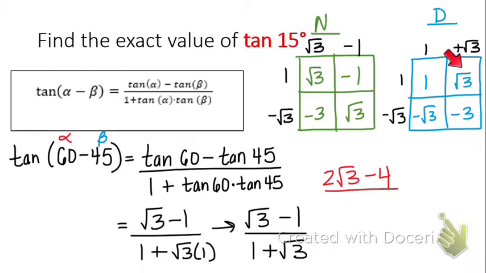In my denominator, my square roots cancel. And I'm left with just a negative 2. Now this can also be reduced and written as negative root 3 plus 2.